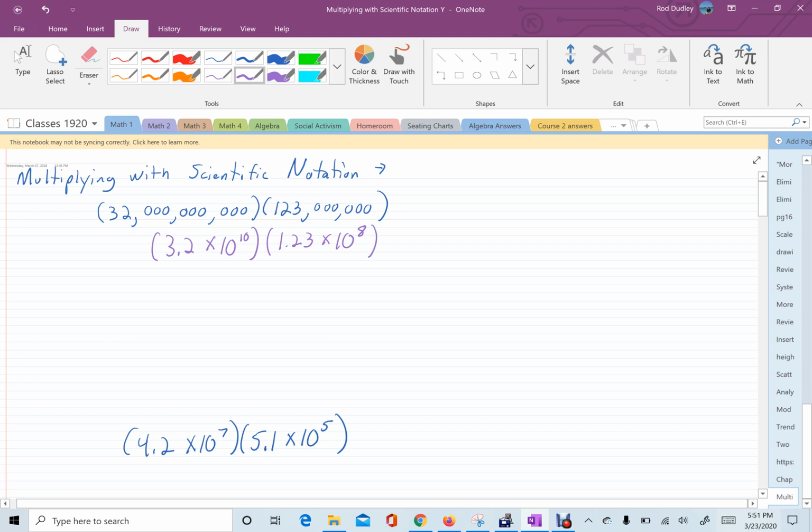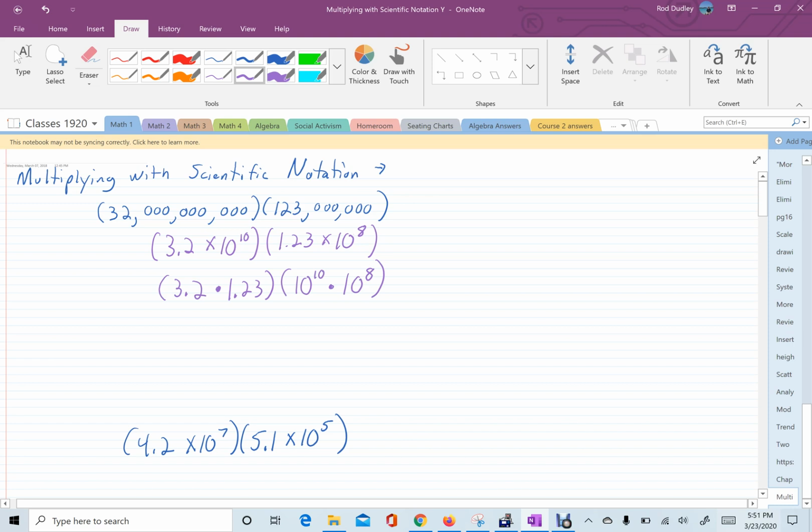So now remember, multiplication is commutative. I can multiply in any order. So I'm going to rewrite this as 3.2 times 1.23 and 10 to the 10th times 10 to the 8th, okay?